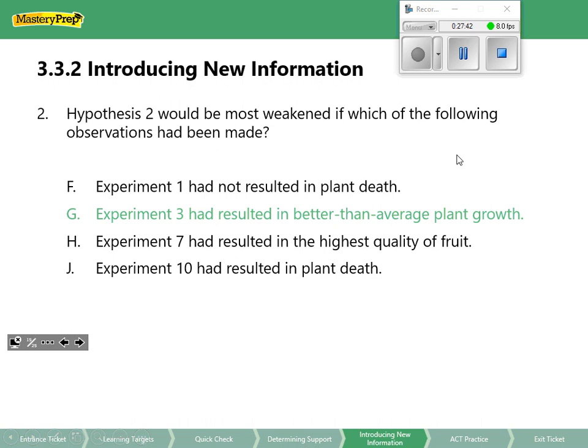Again, what is going to weaken it? Hypothesis 2 says green light will negatively affect its health. Experiment 3 has 100% green light. If it shows that it's making it better, that's not saying that it's hurting it. It's only making it better.